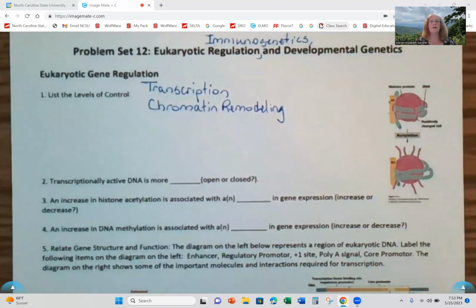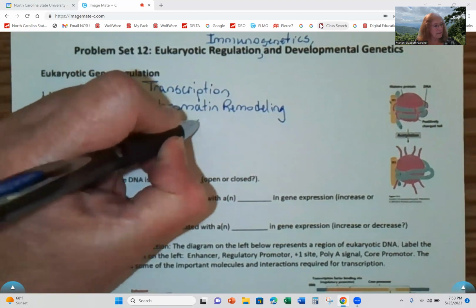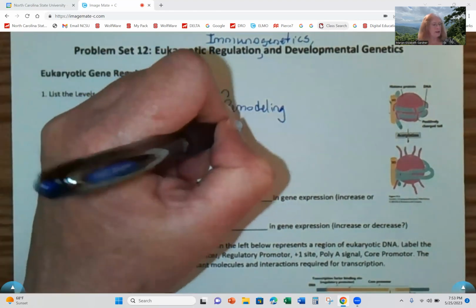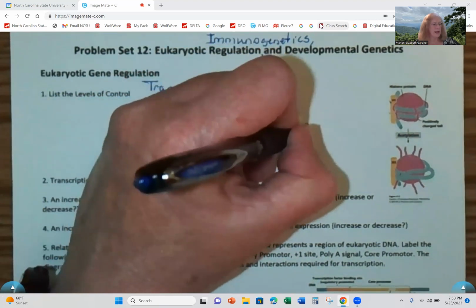So in general, we need to get these other levels here. After transcription occurs, in the nucleus, we have processing. So we have control at the level of processing. And this would be the processing of the primary transcript of messenger RNA.